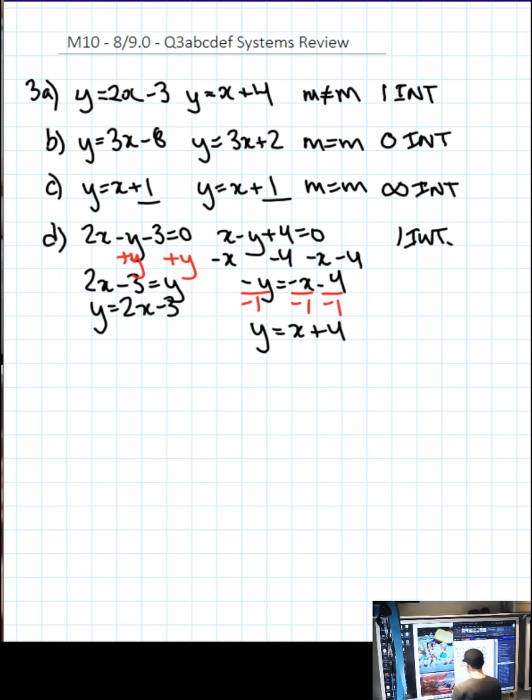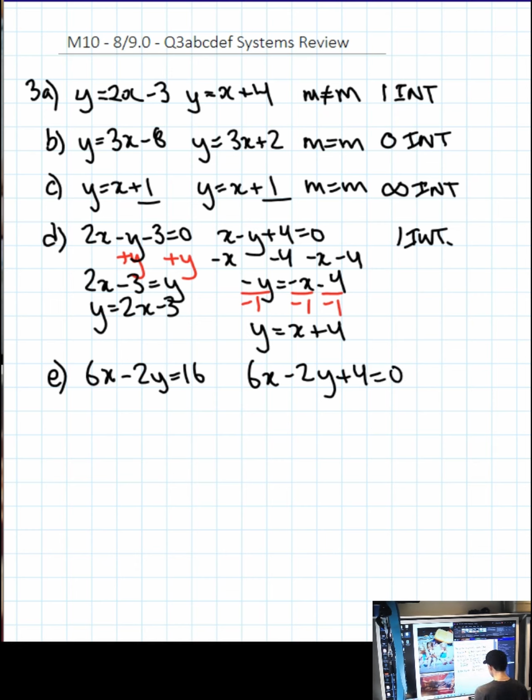Okay, we have E. A, B, C, D, E: 6x minus 2y equals 16, and 6x minus 2y plus 4 equals 0. So, in the first equation, instead of doing algebra, I'm going to use the term bring it over.